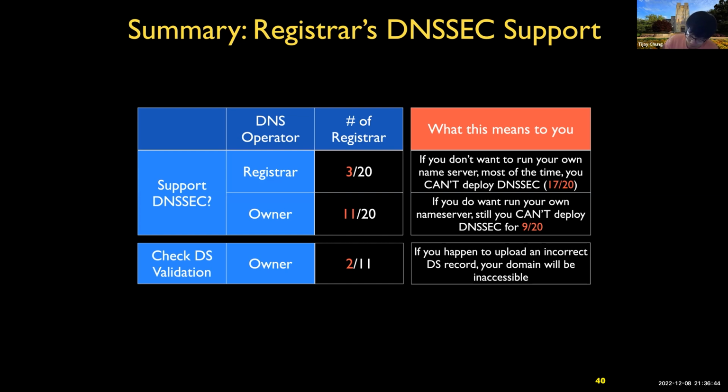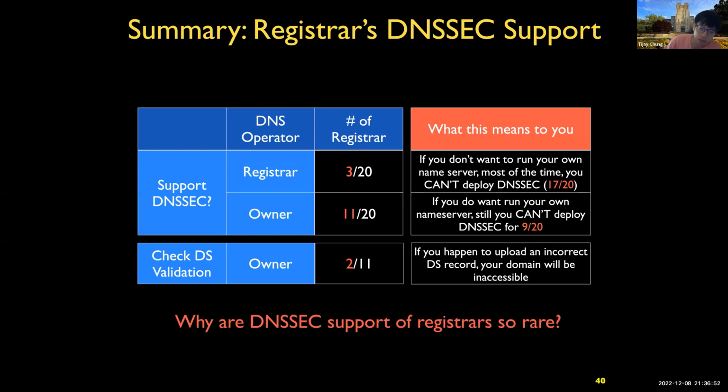Because the DS record will eventually not match your DNS key, which makes all the DNS records invalidated. So then obviously the question would be, hey, why is DNSSEC support among registrars so rare, right?